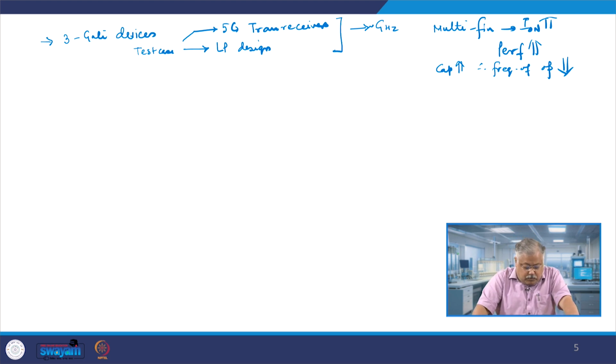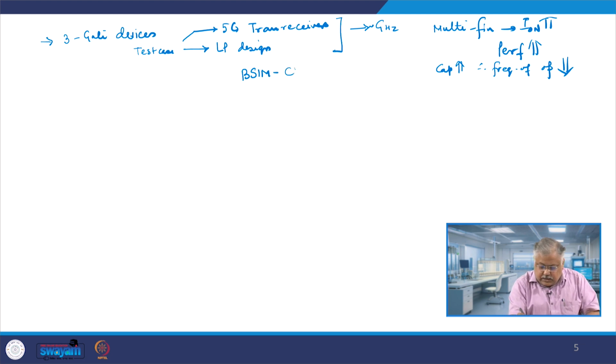Now what we are going to do in this lecture is multi-fin, and we will see how we can analyze the multi-fin structure using the Y parameter models. Now there are many models which are available. For example, BSIM IGFET models are available, and these are known as the BSIM compact modeling group.